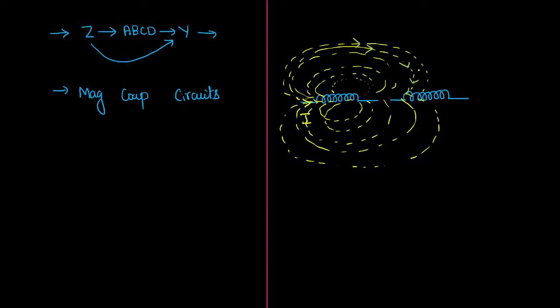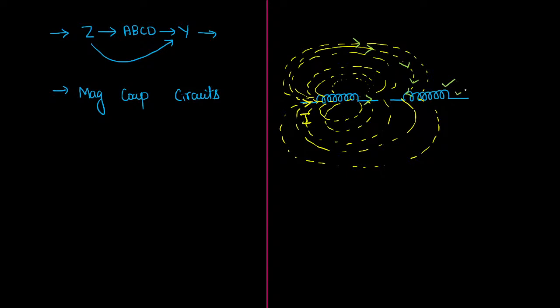Actually I am not passing any current through the secondary coil. I am simply passing current through the first coil. But the flux created by the first coil's current is trying to link with the secondary coil. What will happen when it does this?